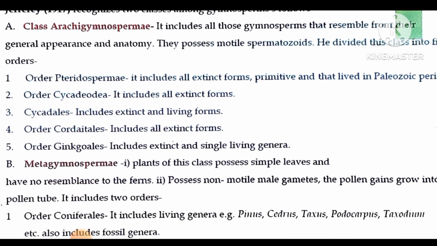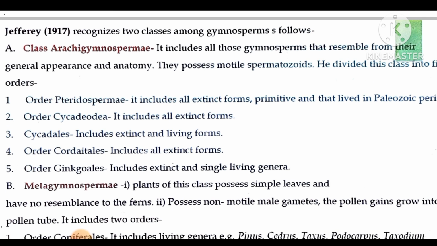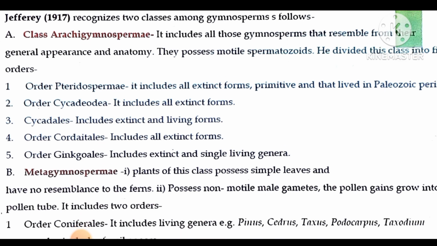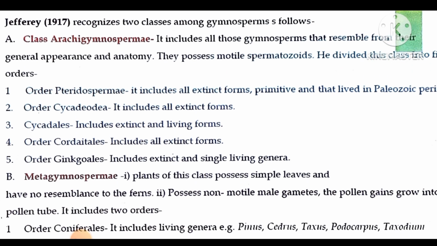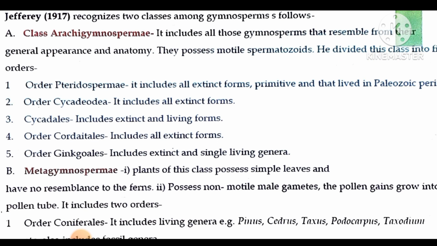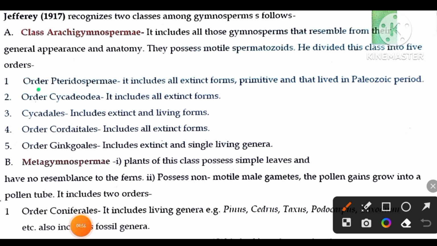Then Jeffrey in 1930 divided the gymnosperms into two classes, the Archegymnospermae and the Metagymnospermae. In Archegymnospermae the spermatozoids are motile, but in Metagymnospermae the spermatozoids are non-motile. Okay. Further, he divided the Archegymnospermae into 5 orders: the Pteridospermae, Cycadeoidae, Cycadales, in which extinct and living forms are both present, then Cordaitales and Ginkgoales.